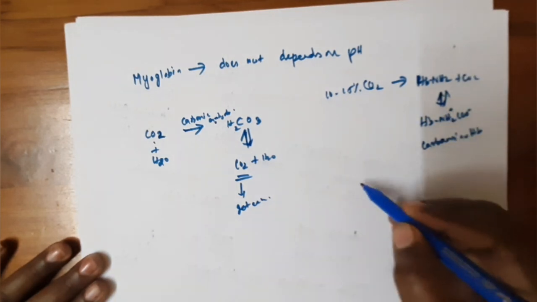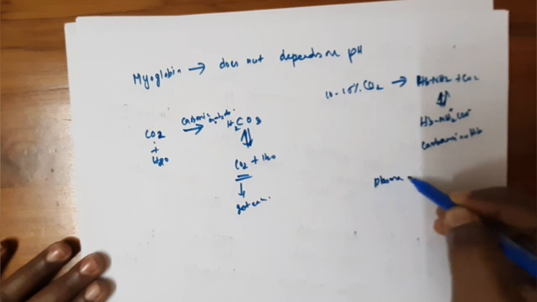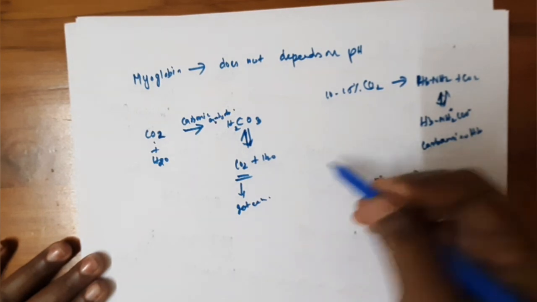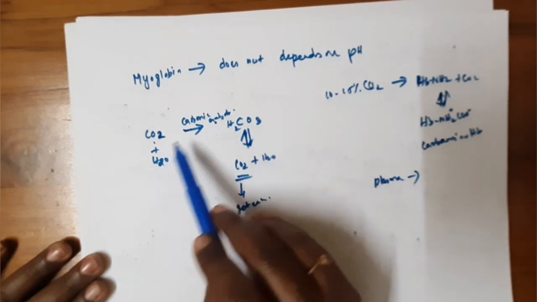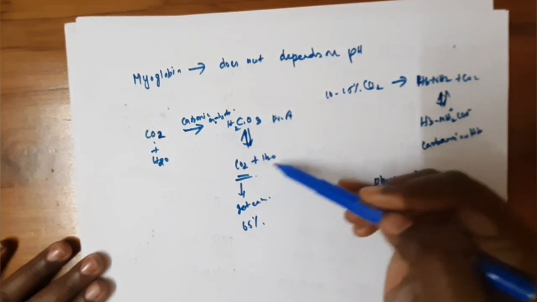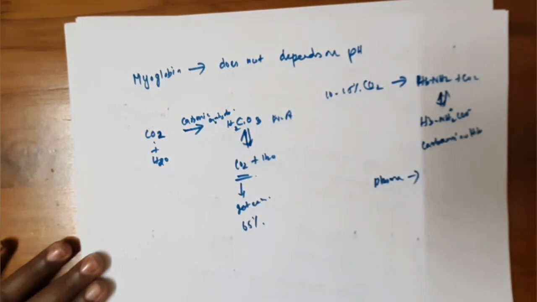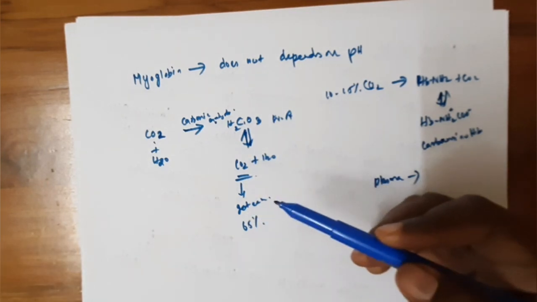Okay, and some percentage of carbon dioxide is taken by the blood plasma. Around 65% of carbon dioxide is converted into carbonic acid. Carbonic acid is a weak acid, so it is again converted into carbon dioxide plus water with the help of the carbonic anhydrase enzyme. So the carbon dioxide gets exhaled by the lungs.